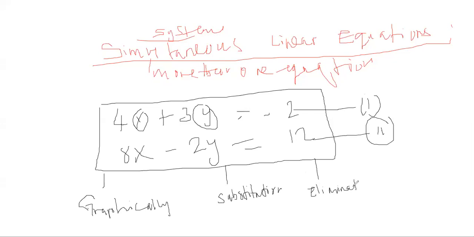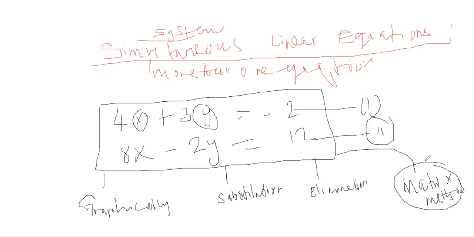But normally, when we start calculus, especially multivariate calculus, there is another efficient method we call matrix method. Cramer rule, Cramer comes under this.